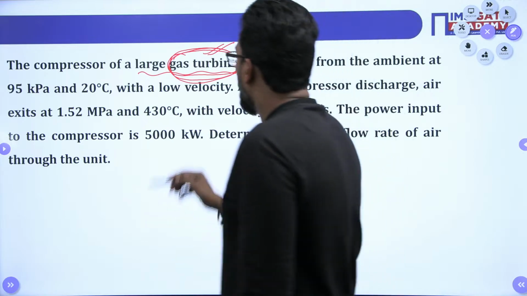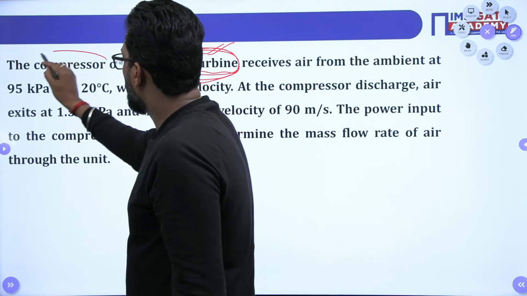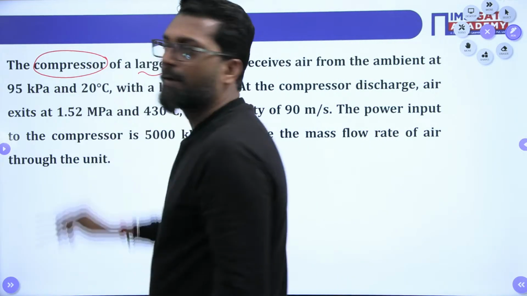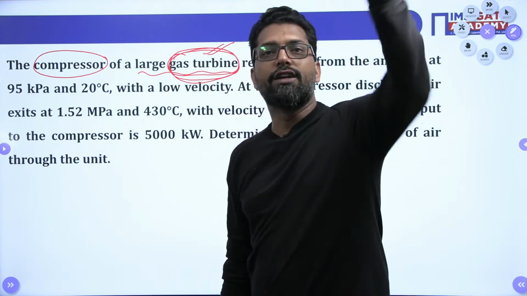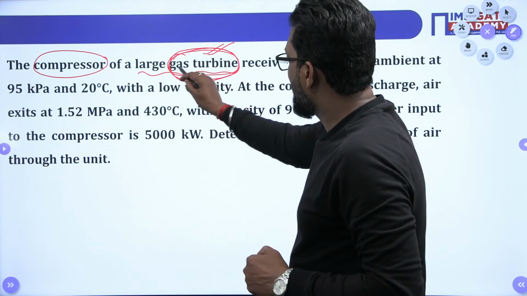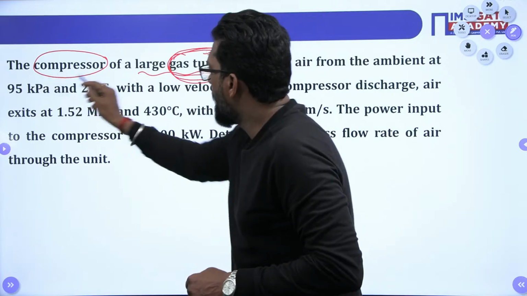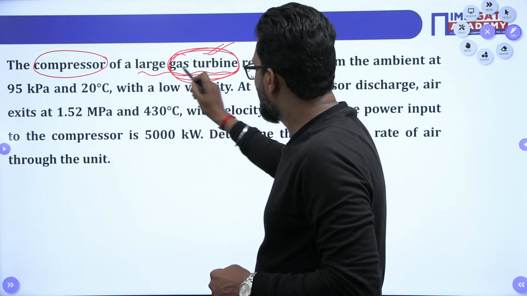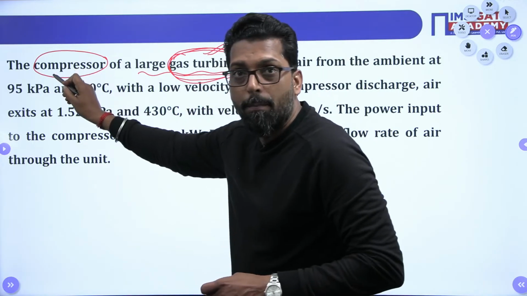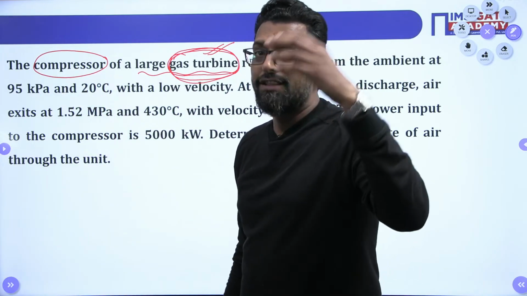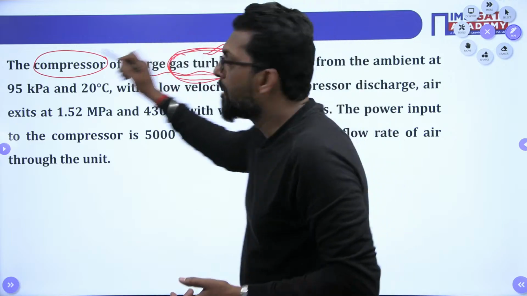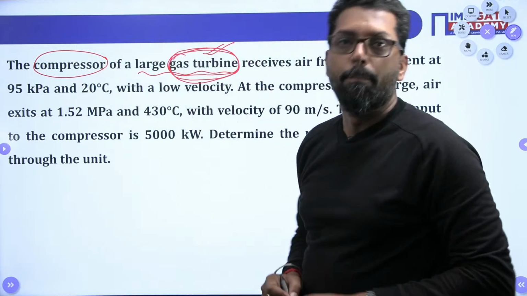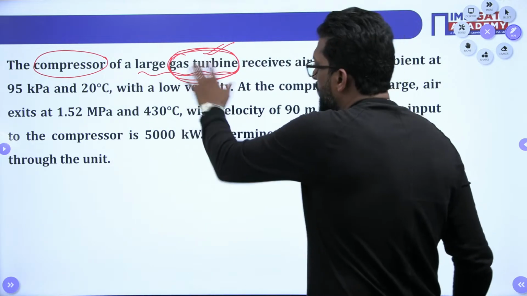In the Brayton cycle, we use the compressor to increase the pressure from inlet to exit. Here it is written as the pump of a large steam turbine. If there is a steam turbine, there must be a pump. So we use the pump in the Rankine cycle, and the compressor in the Brayton cycle.